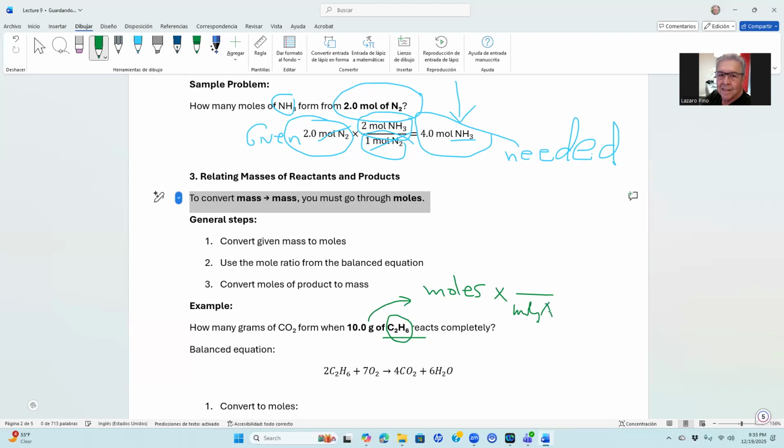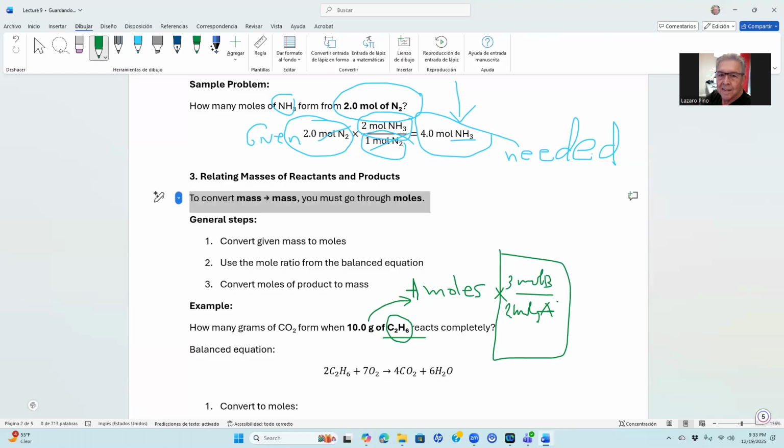Suppose you have moles of A, then the ratio in the chemical equation tells you that you have 2 moles of A per 3 moles of B.